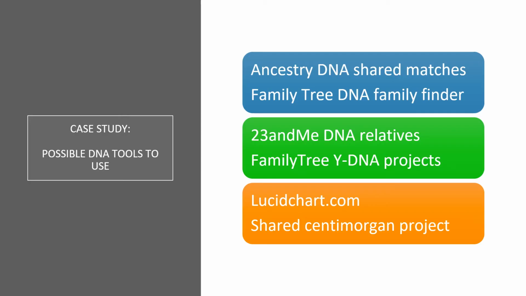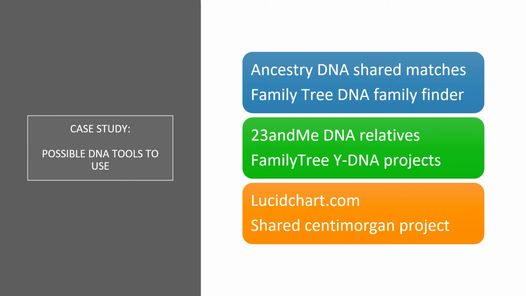In thinking about what DNA tools I could use in the case study in this project, I determined that I could simply use the testing company tools and then chart the matches using the shared centimorgan tool in DNA Painter to discover possible relationships, and that I wouldn't need additional testers.